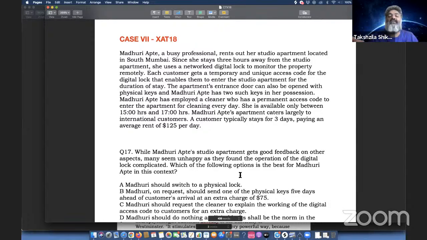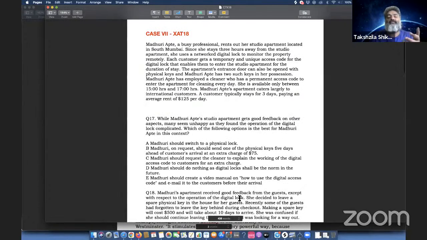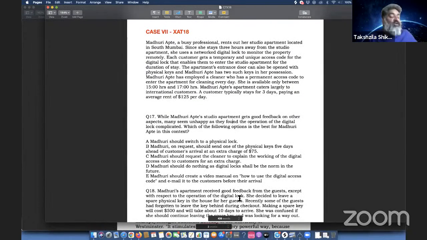Read the case, read the story, and then try out the first question at least. If you are a XAT decision making course member, then all the XAT 18 cases have been loaded on the course page in PDFs and everything.